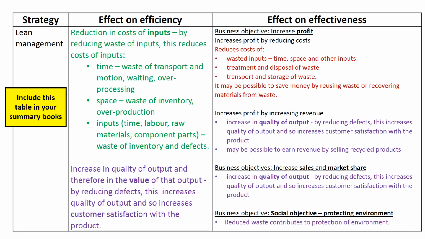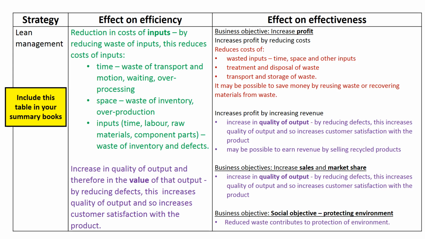We can now look at how lean management improves effectiveness. Remember that effectiveness refers to the extent to which the relevant operations management strategy, in this case lean management, and the two more specific strategies of Kaizen and TIMWOOD, contribute to the achievement of the business objectives.